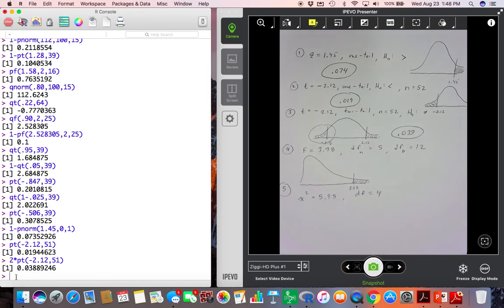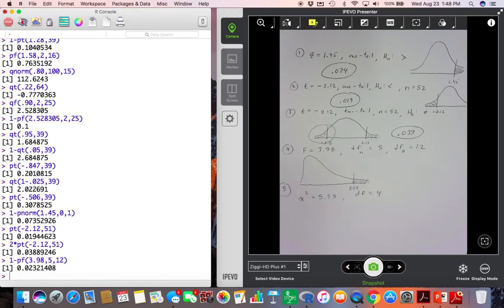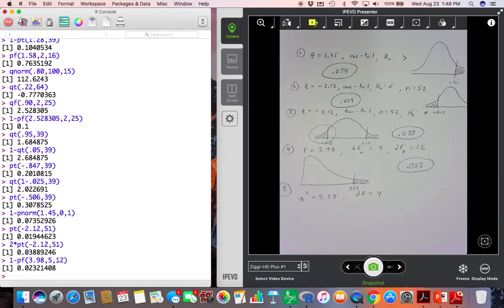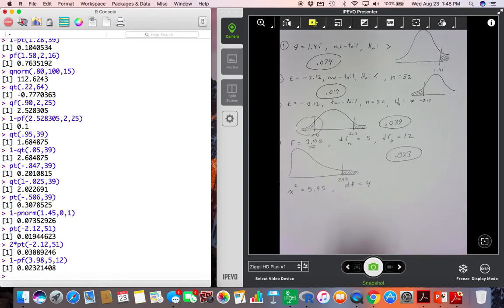So to work this, I'm going to use 1 minus pf of 3.98, and the degrees of freedom we're using for this illustration are 5 and 12. The p-value here is 0.023, so we would have statistical significance for an F statistic of 3.98.